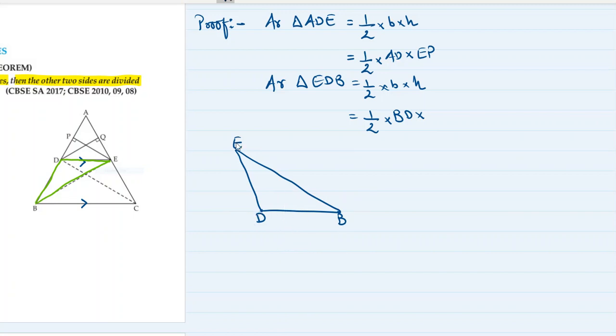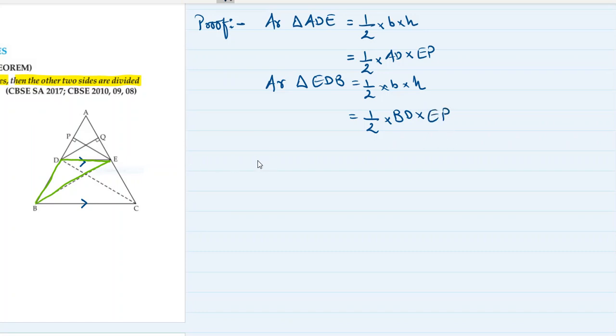It cannot be inside the triangle, so you draw the perpendicular outside the triangle, like this, and over here. So EP will be the perpendicular, and the perpendicular lies outside the triangle, but that doesn't matter. So you understood which is the perpendicular on triangle EDB's base BD. EP is the perpendicular. So again, I'm going to write EP.